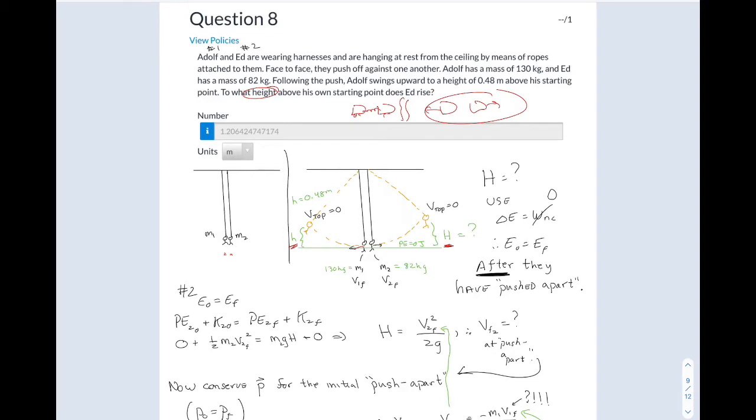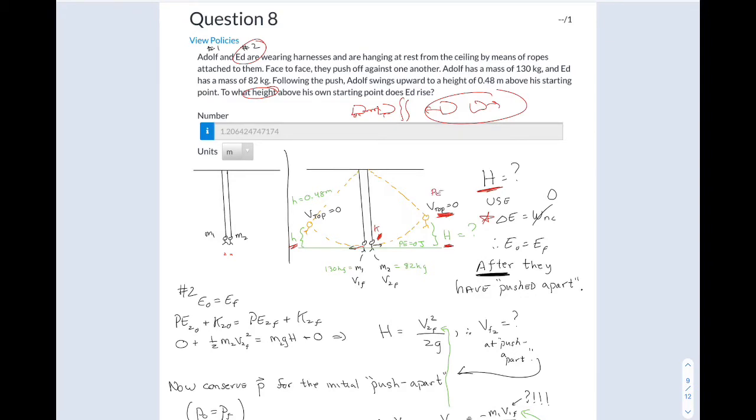If I want to find the height that person number 2, that's what I called Ed, reaches, I use our energy expression, from right after they push off. So I have that speed that I have to find, their push off speed, and they come up here to the top where they're at rest. The energy down here is all kinetic.